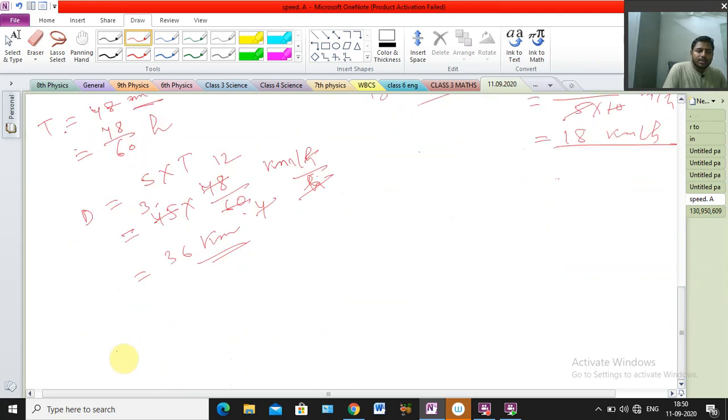So therefore 36 kilometer will travel in 48 minutes. That is the answer. Clear, everyone? I hope it is clear.